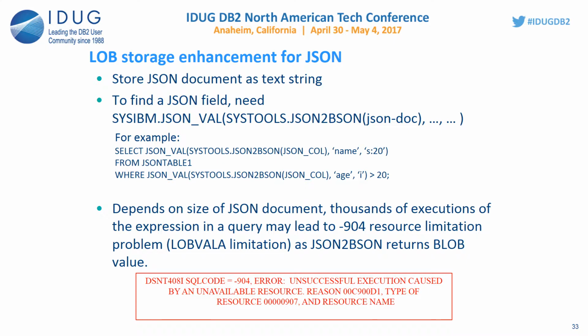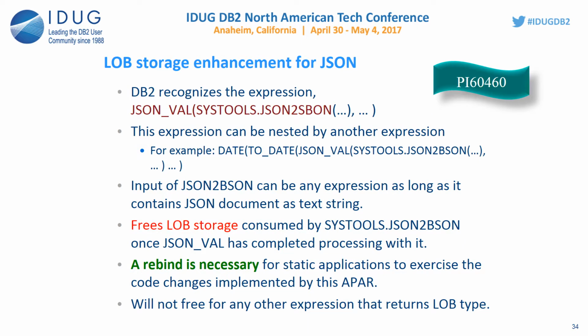To address this, we have a PTF, so we can recognize this kind of pattern. After JSON_VAL finishes, we release or free the storage, so it will not accumulate from row to row. In order to take advantage of this, you need to do a rebind, because there's some bind time change on this.